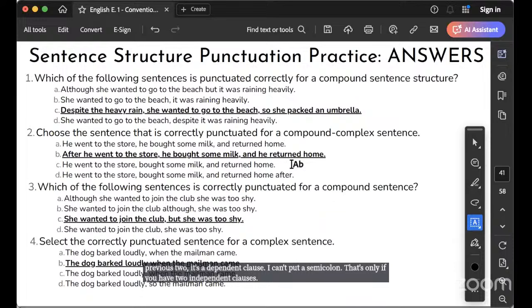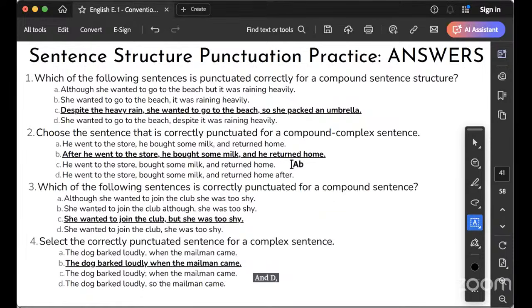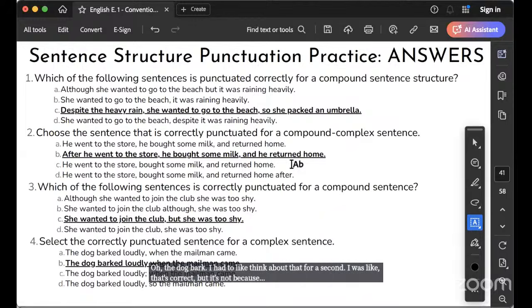And D, the dog barked loudly. Oh, the dog barked. I had to think about that for a second. I was like, that's correct. But it's not, because the dog barked loudly, independent clause. The mailman came, independent clause. It's got that coordinating conjunction with the comma in front of it. So that's actually punctuated correctly.